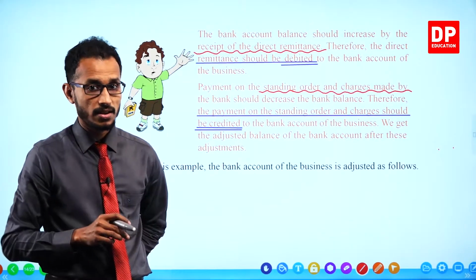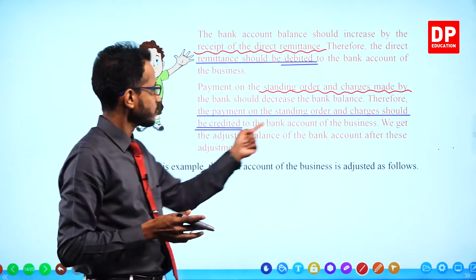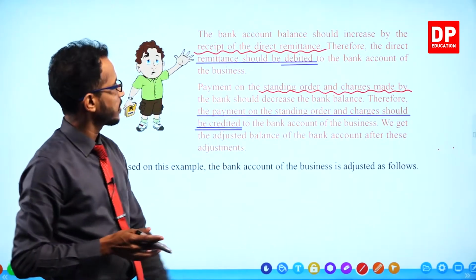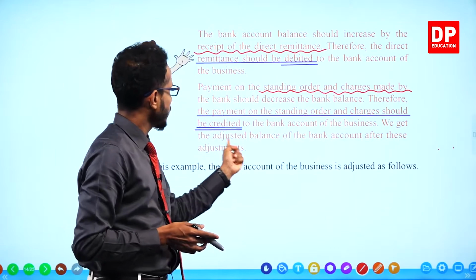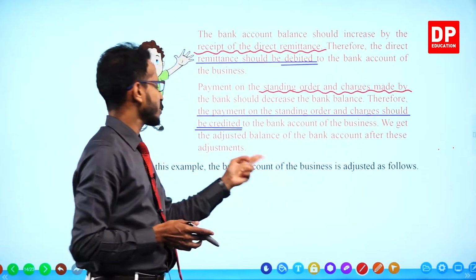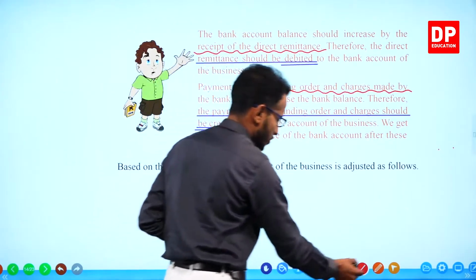Not yet prepared, right? Yeah. Should be credited. Yes. We get the adjusted balance of the bank account after these adjustments are made. That's right. So we are going to do the adjustments now.